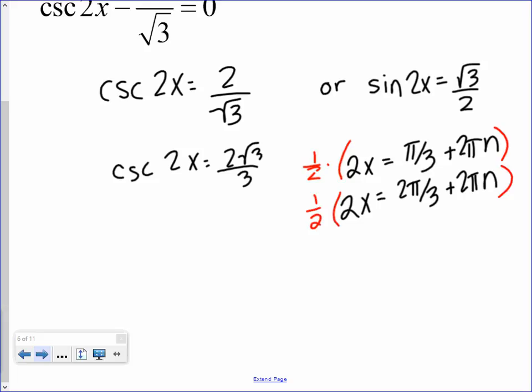Now, I'm multiplying the whole solution by 1/2. So the 1/2 times 2x gives me x. The 1/2 times pi over 3 gives me pi over 6. And then 1/2 times 2 pi n is just pi n.